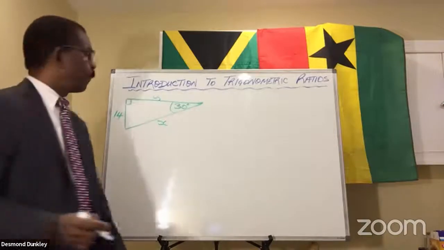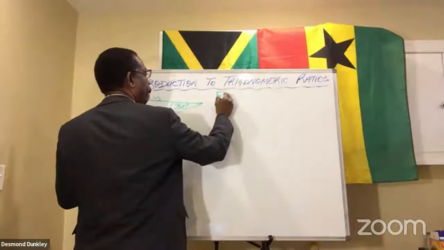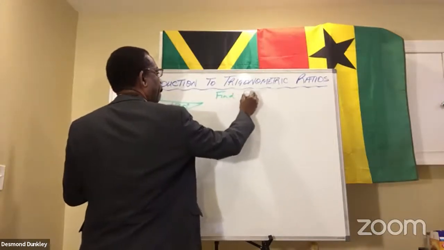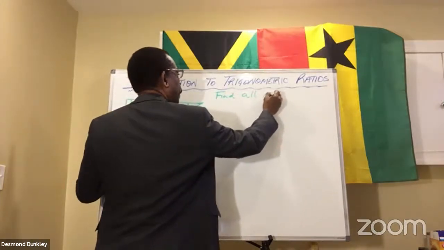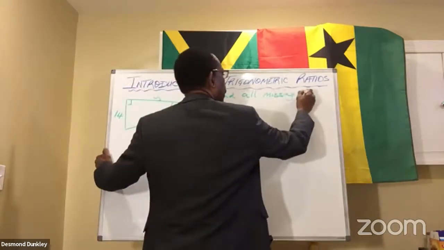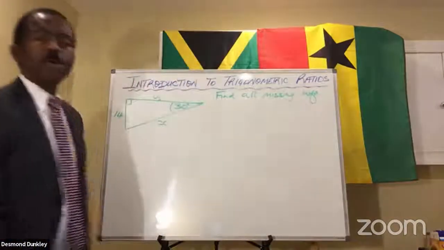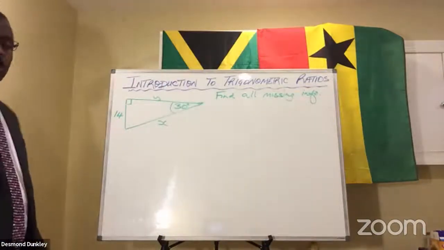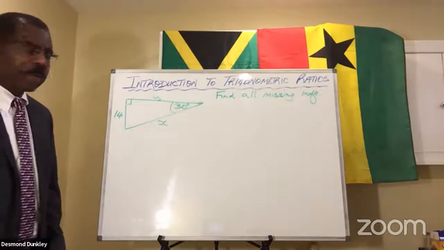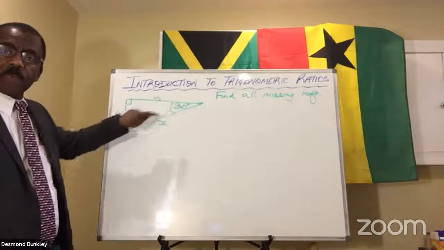Okay, so find the missing information. Well, the first thing that is easy to find is that a triangle has three angles.